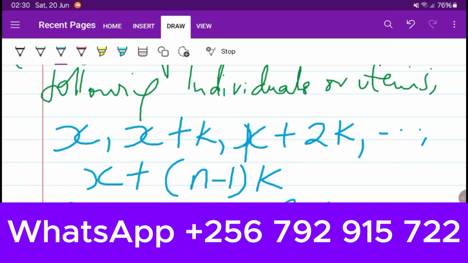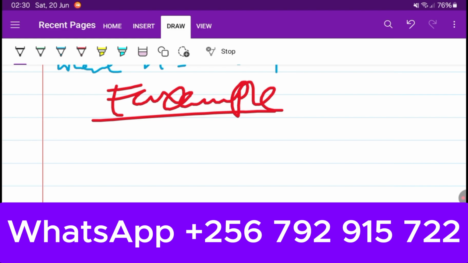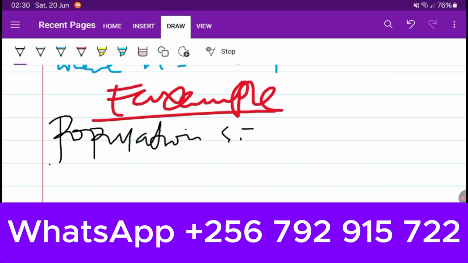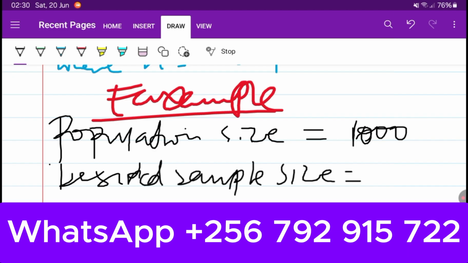Maybe we can have just a brief example to get this idea. I want us to take a situation where the population size is equal to 1000. Then the desired sample size is equal to 30. So these two we are given.